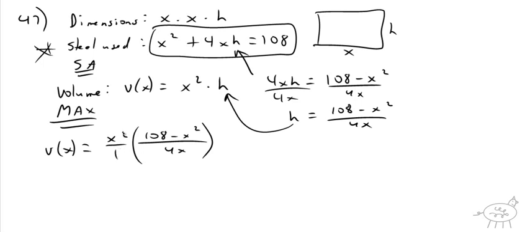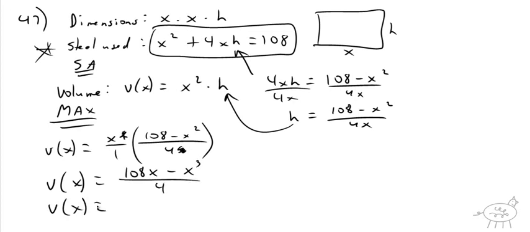Well, look at this. This is nice. This x squared cancels out with that x right there. So I really have V of x is equal to 108x minus x cubed over 4. In fact, let's even split it up more. Let's write it as 108 divided by 4, which actually is 27.